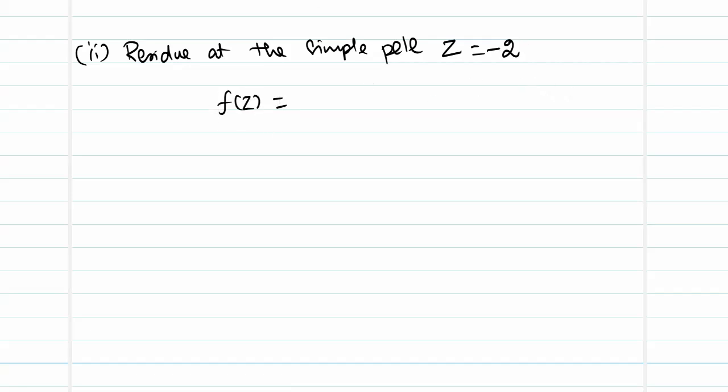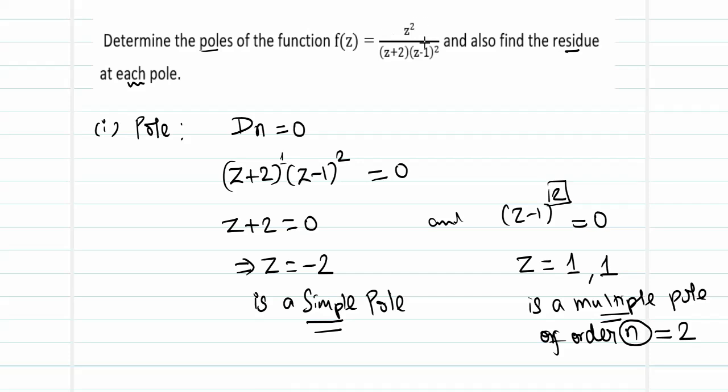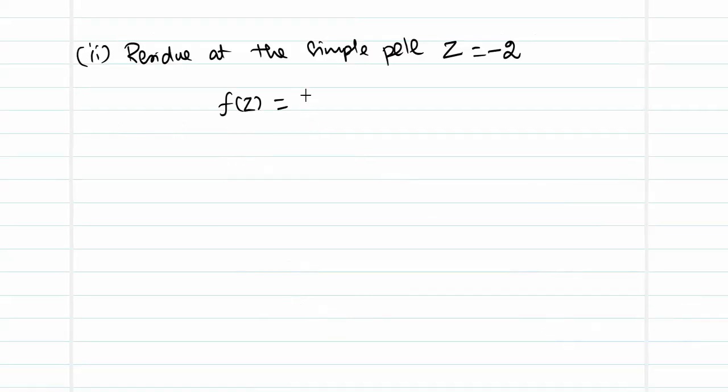My function f of z is z square divided by z plus 2 into z minus 1 the whole square. Now what kind of pole do we have? We have a simple pole. Now we need to find the residue at the simple pole.